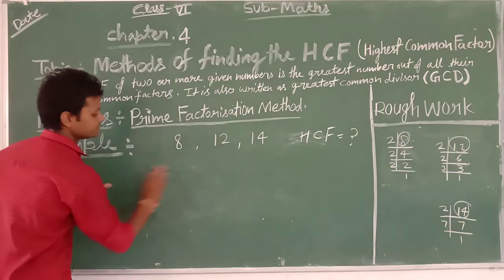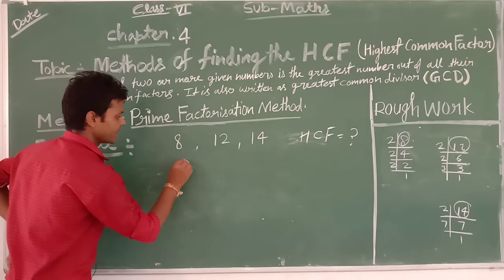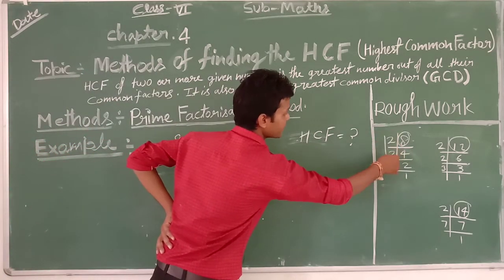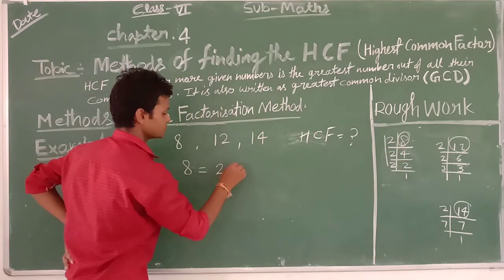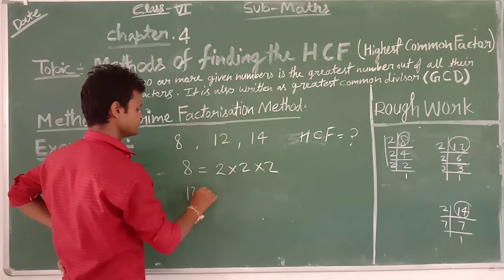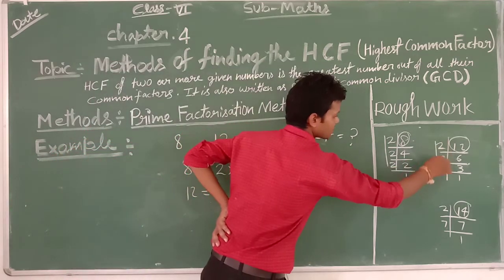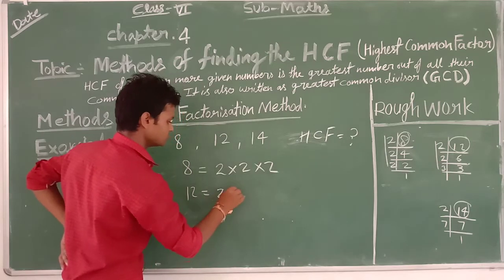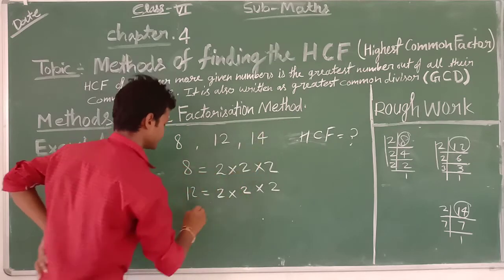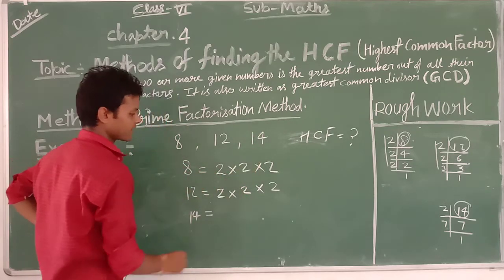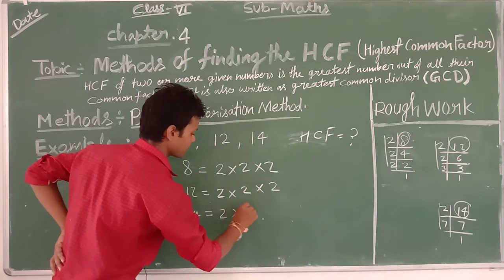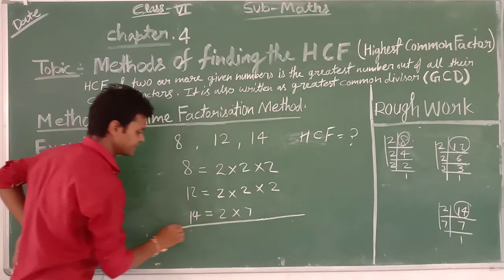Arrange these numbers. 8 is equal to what, the factorization of 8? 2 2 2. And 12 is 2 2 3, and 14 is 2 7. You draw a longer line and write here HCF.